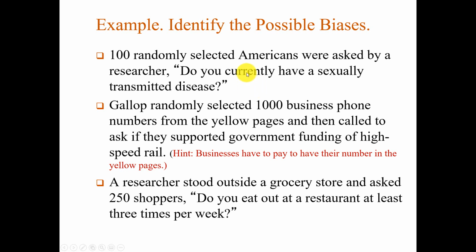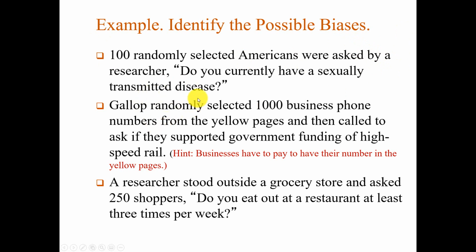Well, that's pretty upfront, and so that would be a form of response or non-response bias. People might be embarrassed to answer that question if they do. And maybe there's a lot of people that don't actually know because they're not being tested all the time.